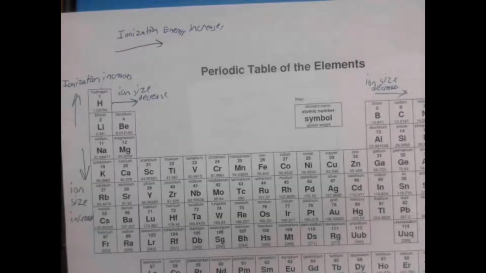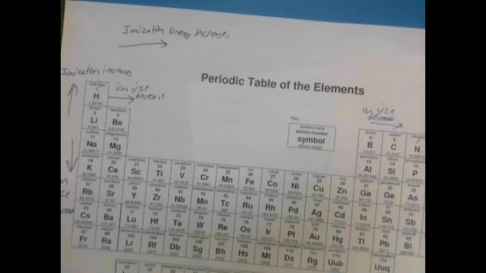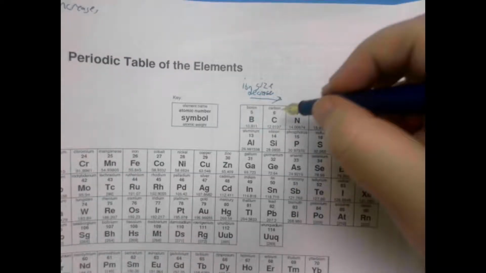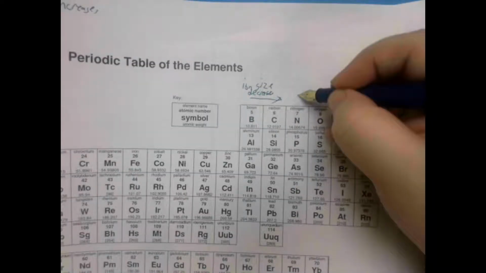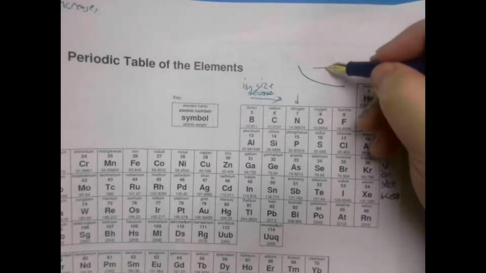And starting with group 5, there's a sharp increase, so 1, 2, 3, 4, 5. So this is group 5. There's a sharp increase, and then it decreases like this as you go to the right.